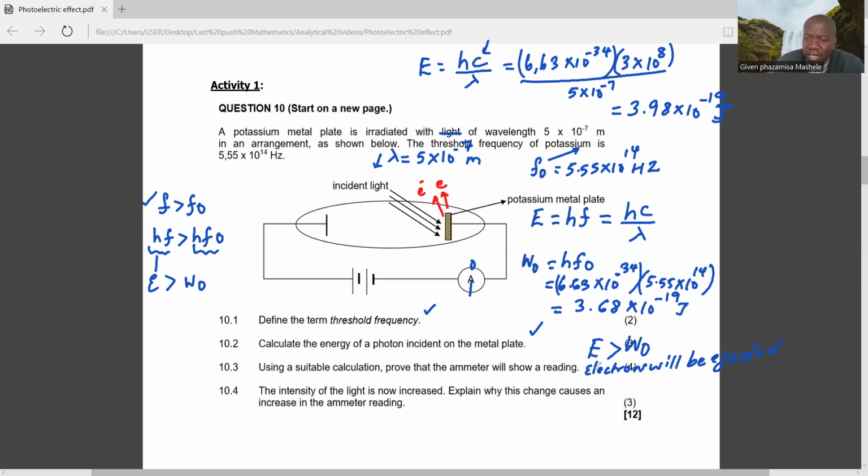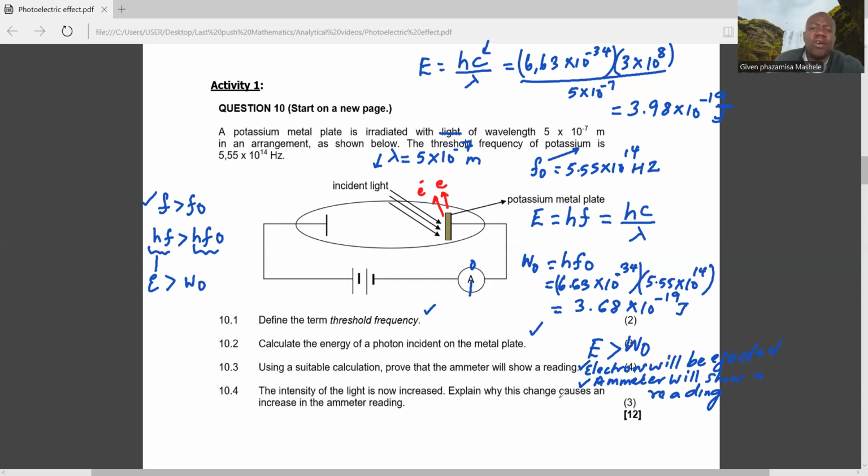And since electrons will be ejected, the ammeter will show a reading. So this is how we can check that.